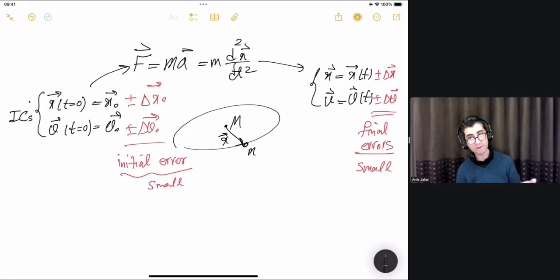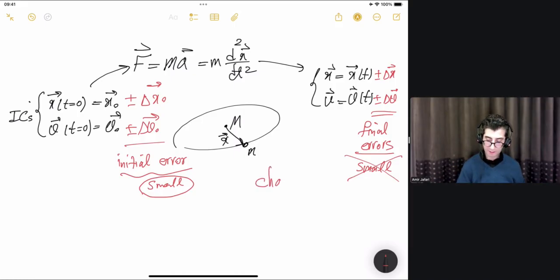However, there are chaotic systems in which, even if you make this initial error in your measurements very, very small, you're going to get huge errors in the final solution. So these are chaotic systems, okay? We call this chaos. It's a vast area of research right now in applied mathematics and physics.